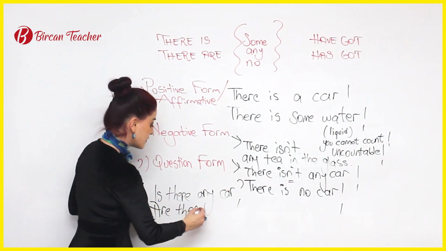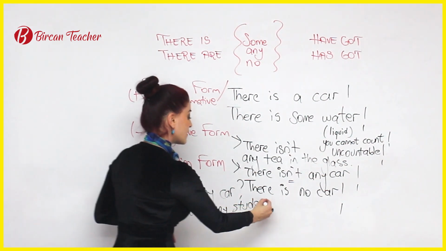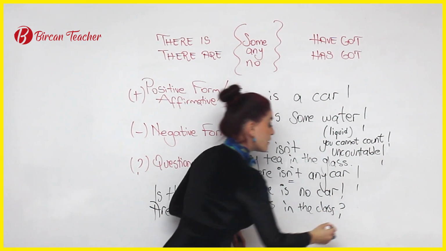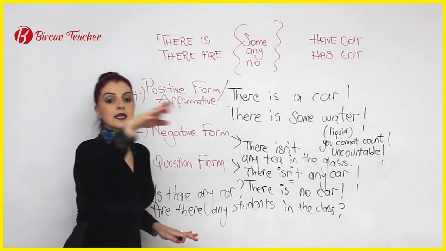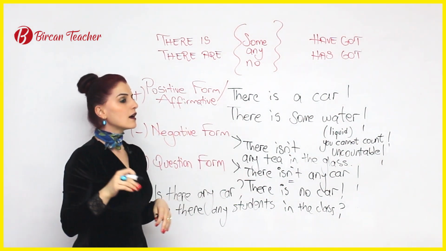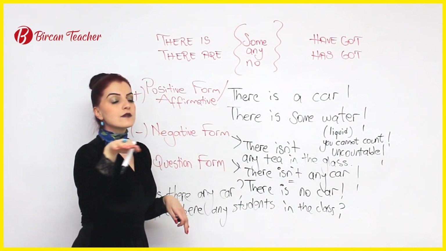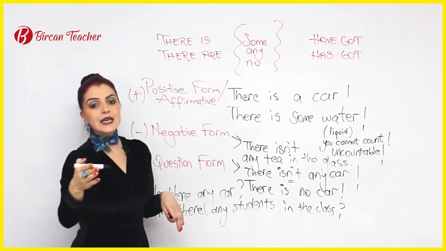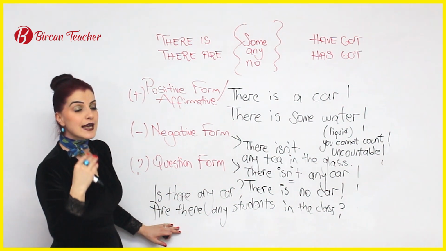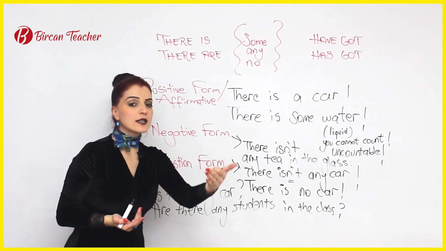Are there any students in the class? For example, you don't see the people, you don't see inside the classroom. You're asking, can you check, are there any students? Are there any people? How many students? So after are there, maybe you say yes or no, but you want to learn how many students.